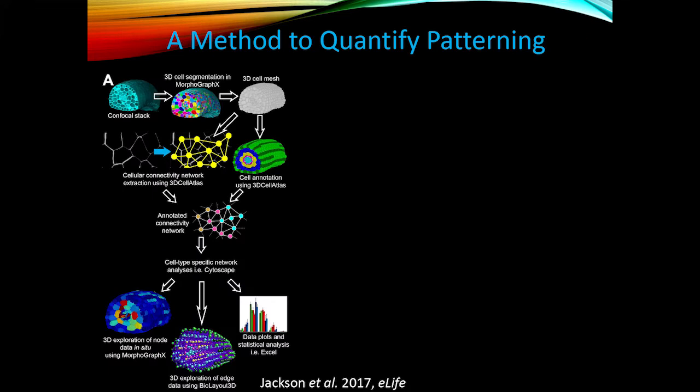So to try to address this, we developed a method to quantify the patterning of cells in plant organs. And I'll take you through this briefly now. We begin with a plant tissue, and the tissue is stained with a fluorescent stain which labels the cell wall. And the cell walls, of course, are just exterior to the cells themselves.